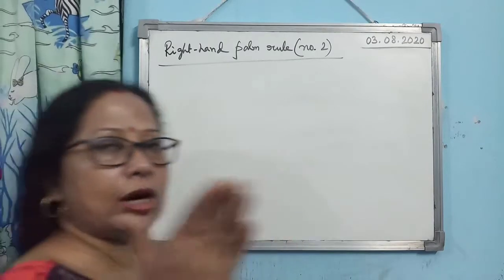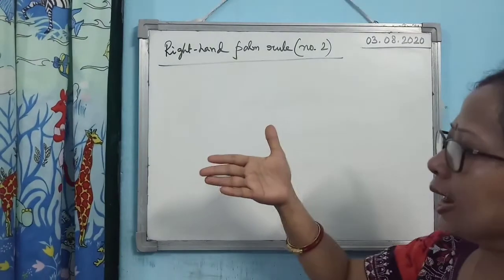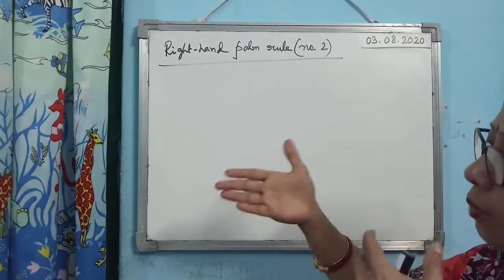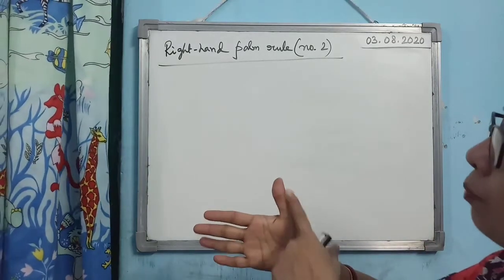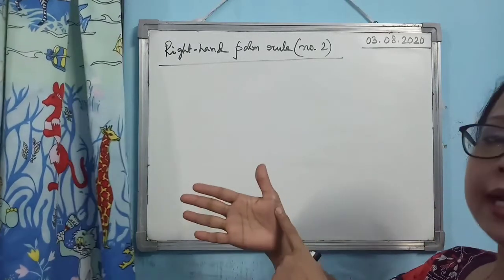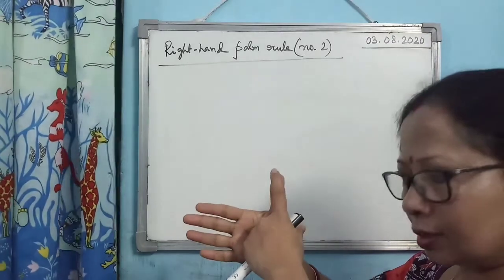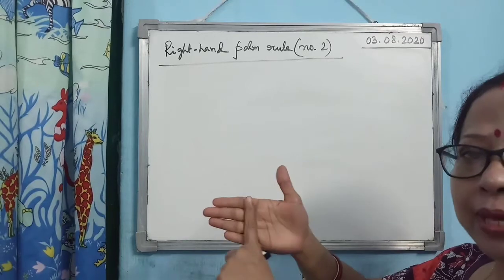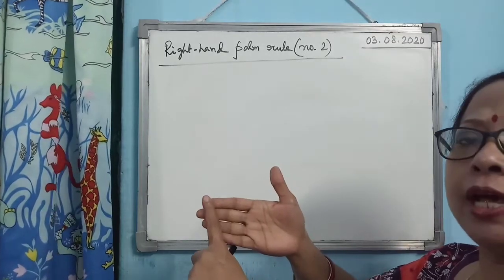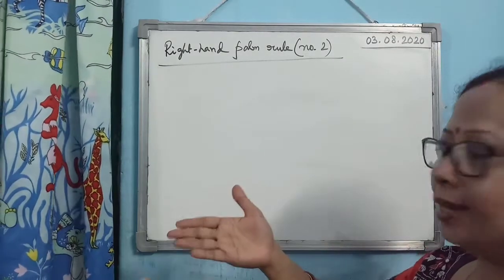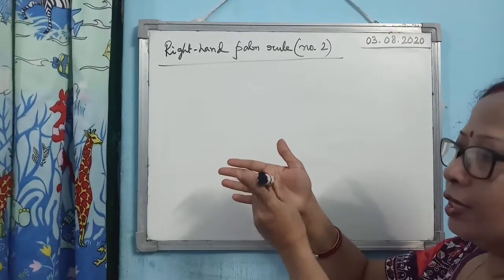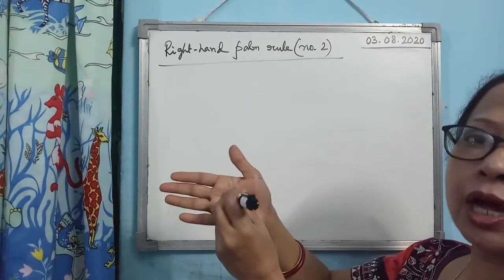Just stretch your right hand palm in such a manner that the thumb will be along the direction of the electric current and these four fingers will be along the direction of the magnetic field. Then a perpendicular drawn to the palm will give you the direction of the force.